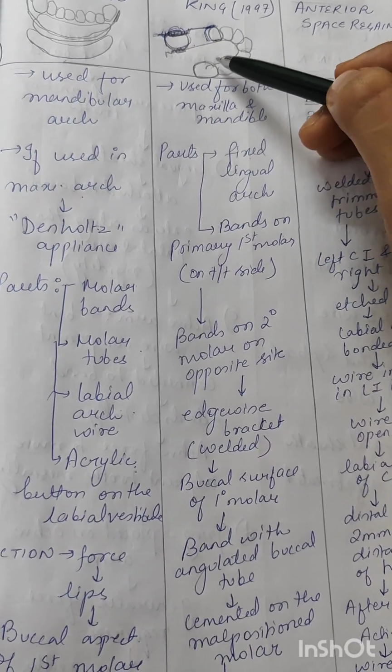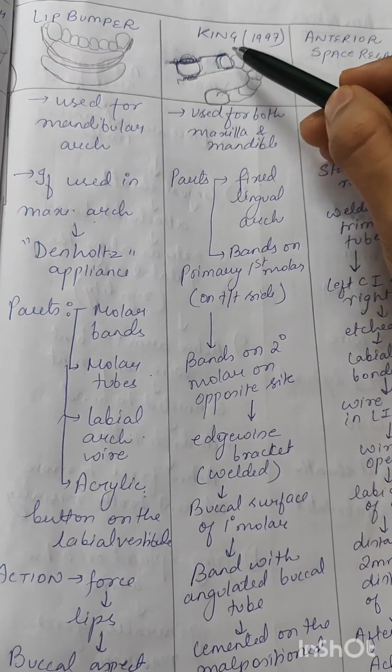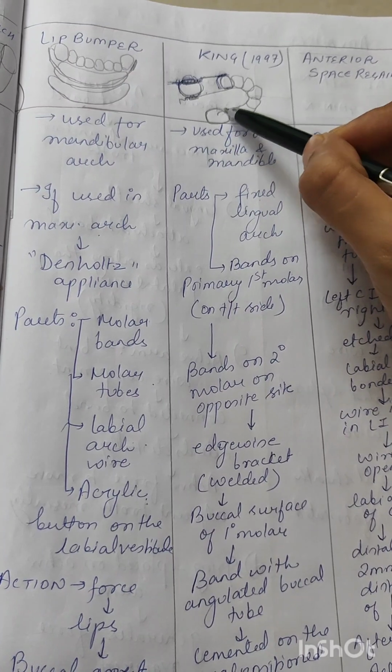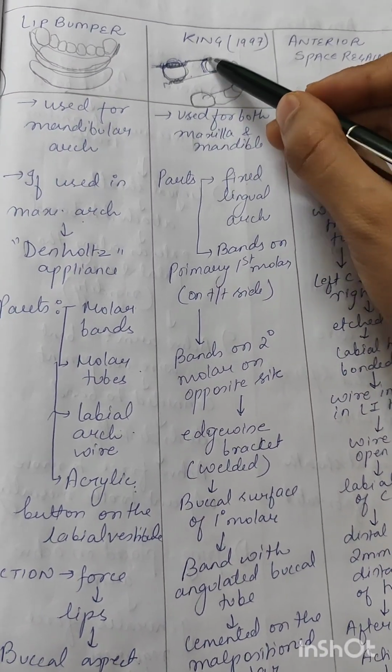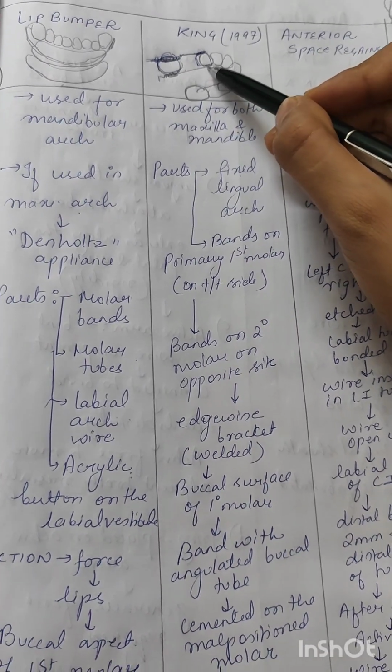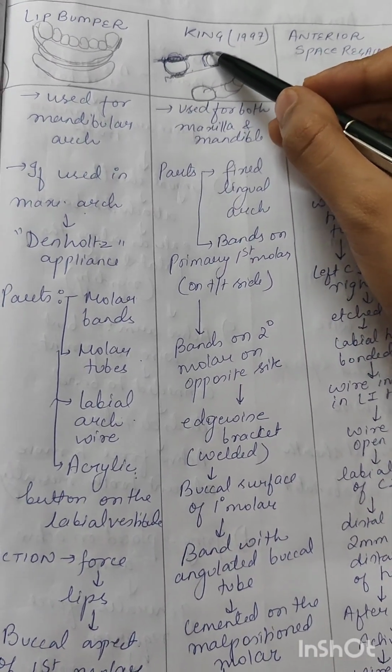Banding is done on the first primary molar on the treatment side and the permanent molar on the other side. Then the edgewise bracket is placed on the buccal surface of the primary molar.